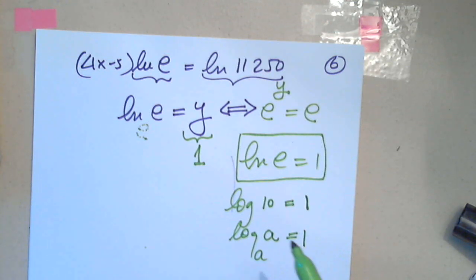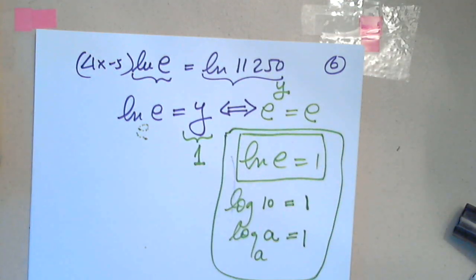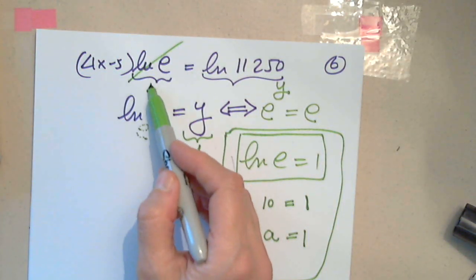That'll also be 1. So please remember this. This is one very important property of logs: log base a of a is 1. Good, so then this is 1.